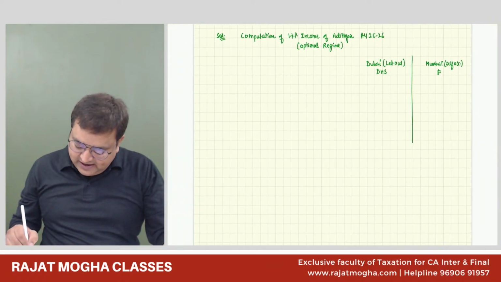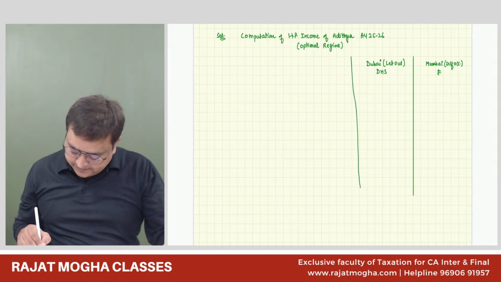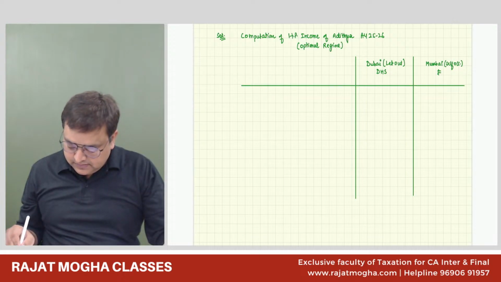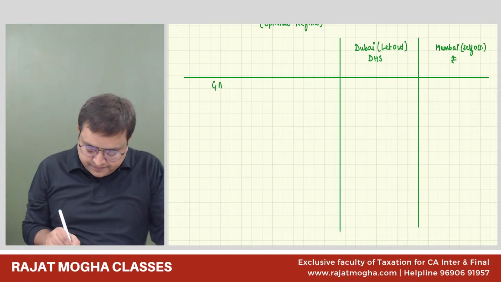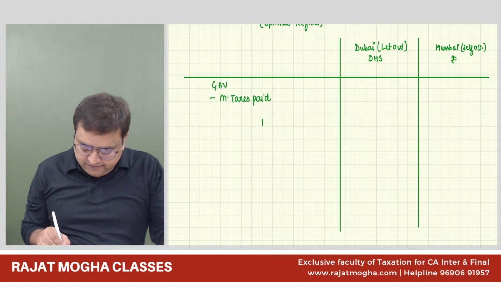So we understand the format for house property is very easy. We start with GAV minus municipal taxes paid. Then we get NAV, net annual value.